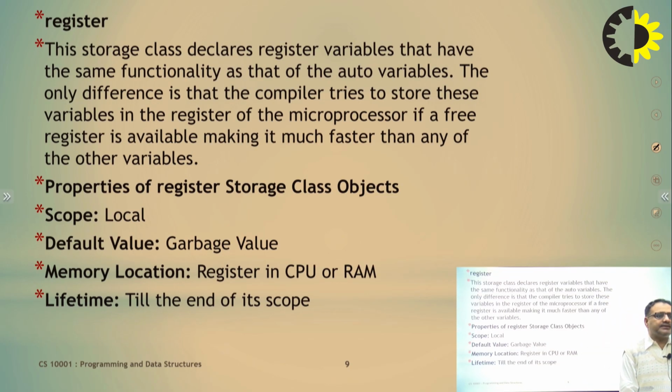The register storage class declares register variables that have the same functionality as that of auto variables. The only difference is that the compiler tries to store these variables in the register of the microprocessor. So if you are creating a variable in your program, that variable will be located in main memory at runtime or compile time.